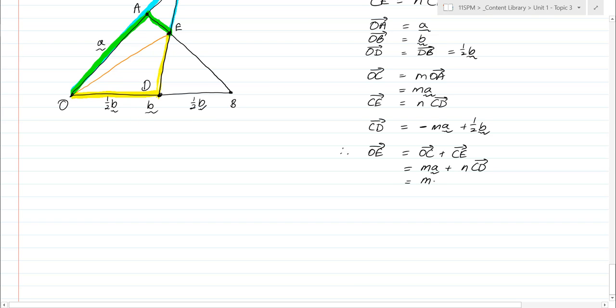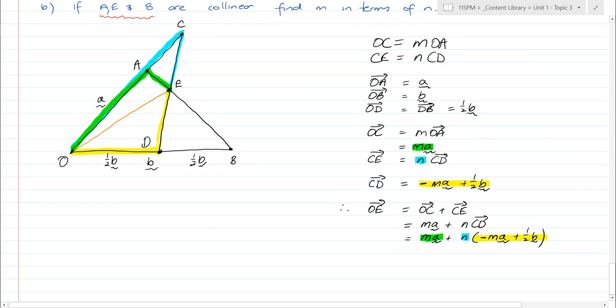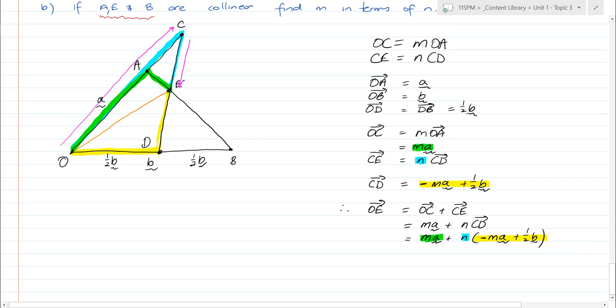I've overworked this a little bit, but that's all right, which is MA plus NCD, which is MA plus N times negative MA plus half B. So I've basically taken, at the risk of over-highlighting this, my CD from here, and my N from the N times CD, and my MA from my known MA for OC there. And I'm plotting this route along the blue, so along there to CD, and then down here to E to get my OE.